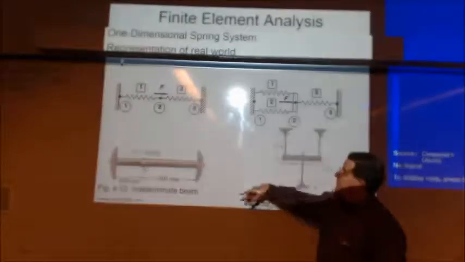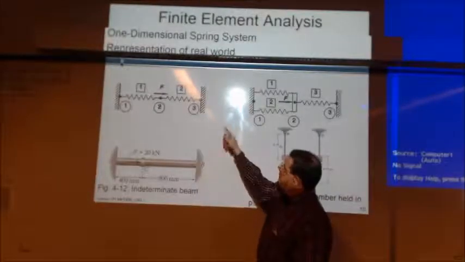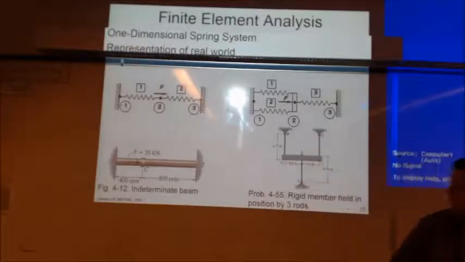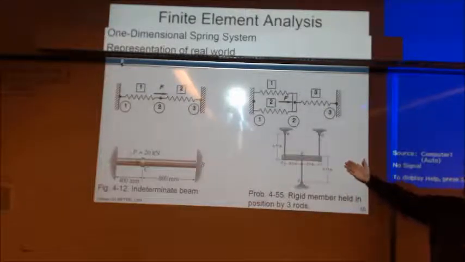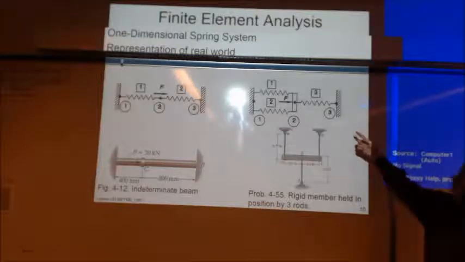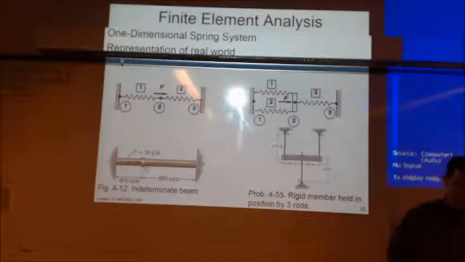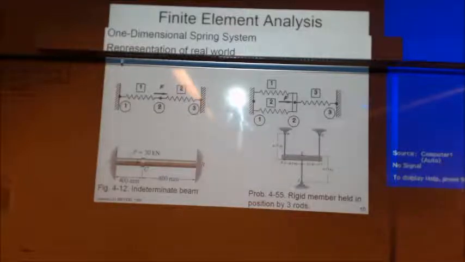And we can write our system of equations to figure out how much node 2 is going to move. Same thing for this one. We can represent this real scenario with this one-dimensional spring setup, write up our equations, and away we go. And we can solve for those displacements. So sounds simple enough, right?